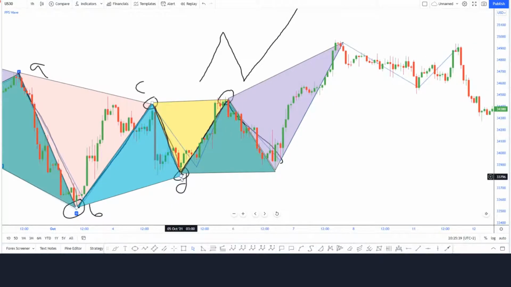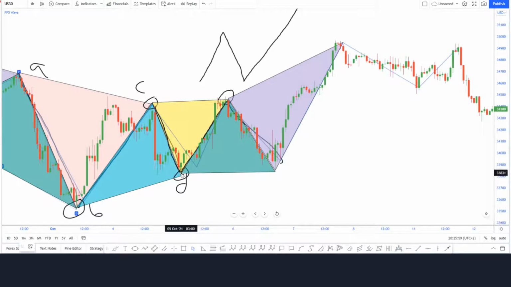So basically, if we call this A, B, C, point C actually came to the same level as point A. Point C right here, if this is A, B, C, D, point C came to the same level. But point D from this leg was almost double of this one.